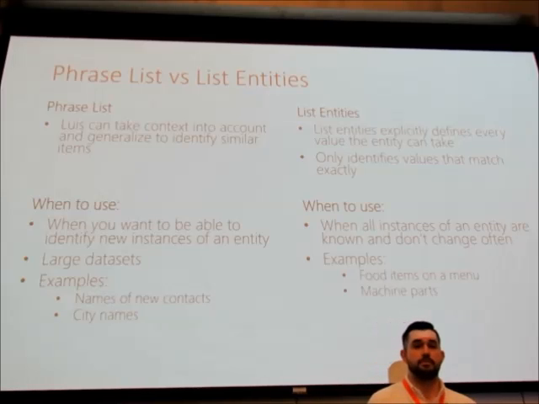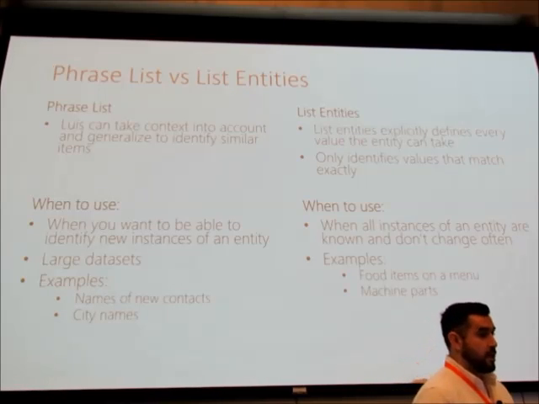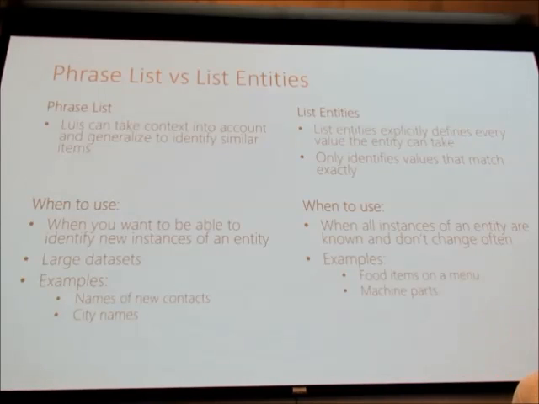That's a really good example of something you want to do as a list entity. If you have names, for example, you can provide a lot of sample names, but you'll never get the complete list of names. So you want to be really careful when you use list entities and when you use phrase lists, because they don't replace each other. It all depends on what you know about the data, how your model is performing, and what utterances you're trying to solve.